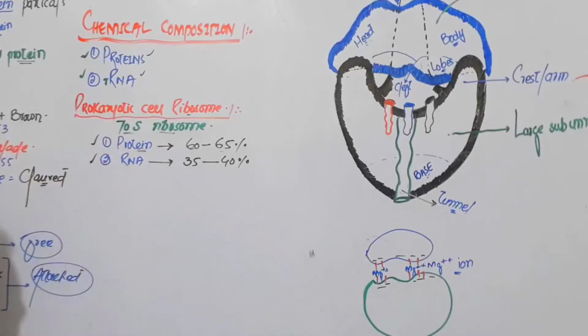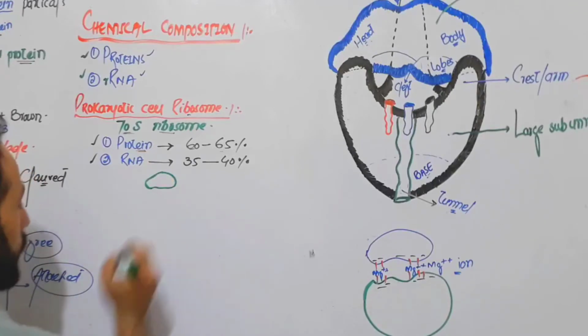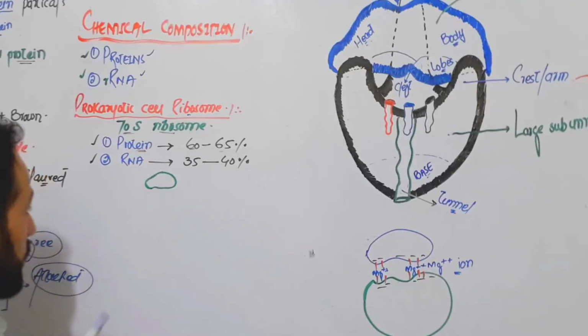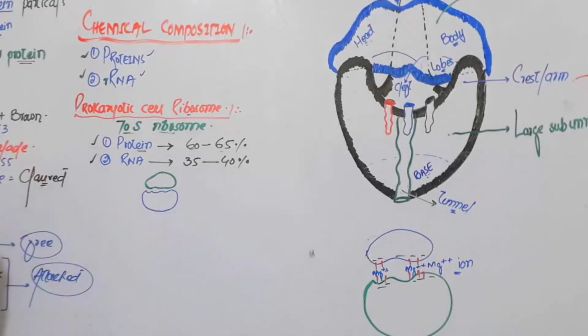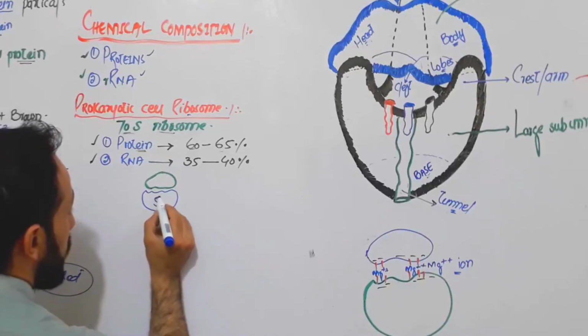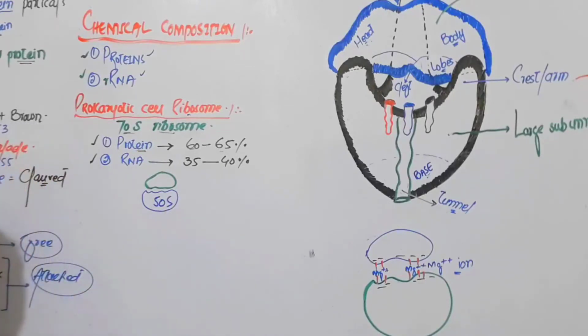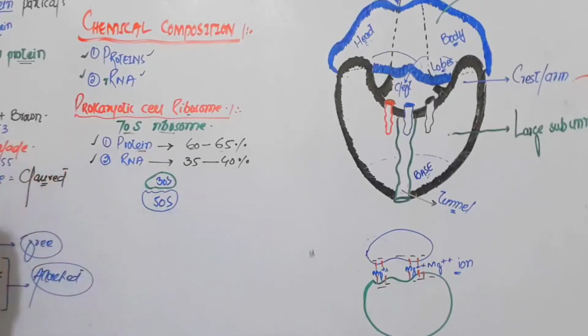And if we make here a very simple ribosome, this is its small subunit and here is its large subunit, right? So we know that the large subunit of the 70S ribosome is 50S and the small subunit is 30S, right?